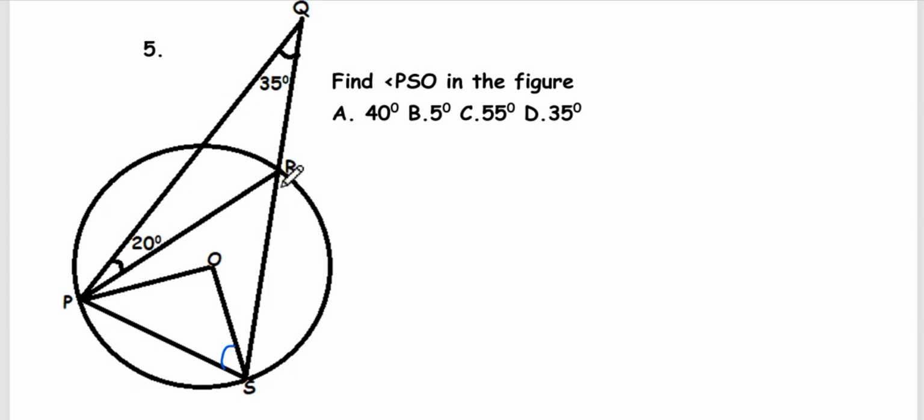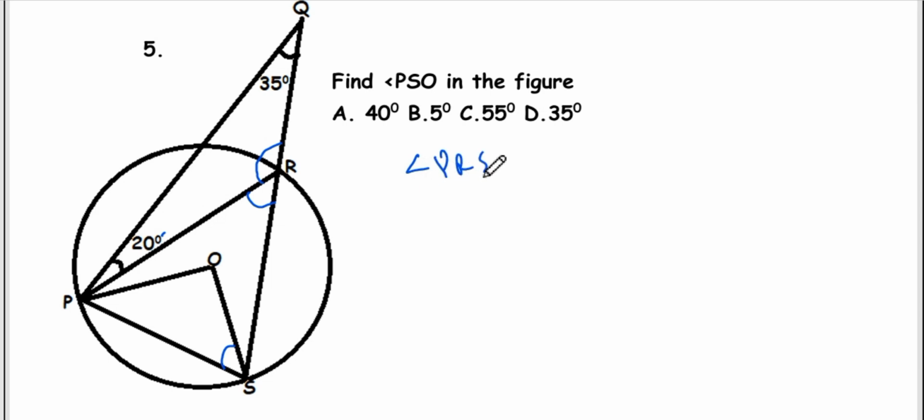So if this is 20, this is 35, to get this angle, there are two methods. If I'm to do it, I won't go through that step. I'll just look for this angle. Angle PRS is equal to 20 plus 35. That's exterior angle of a triangle.